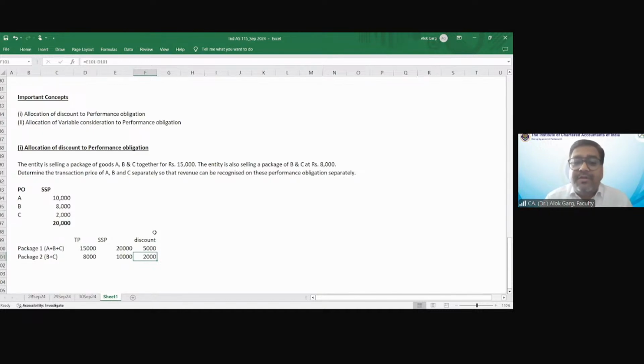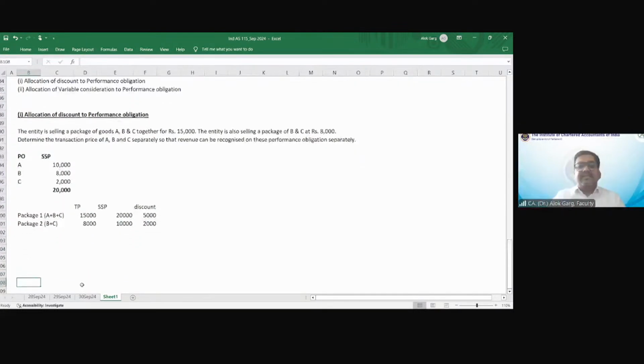Friends, for determining the allocated transaction price, the standard says to allocate the discount on the smaller package first, on the smallest bucket first, then to the entire contract.